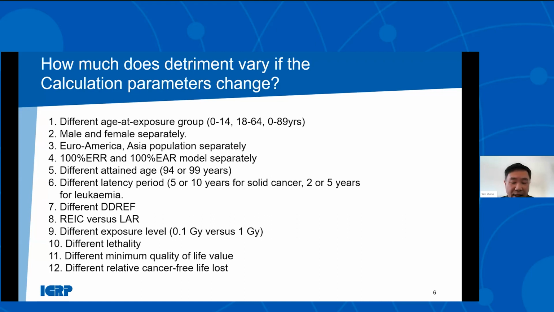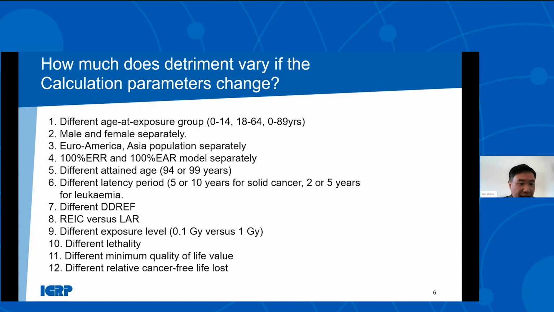As we know, ICRP publication 103 only averaged the detriment over 0 to 89, but in the sensitivity analysis, we will also cover 0 to 14 and 18 to 64 years. We will calculate detriment for males and females separately, and for the Euro-American population and the Asian population separately. We will also test the 100% ERR model and the 100% EAR model separately.